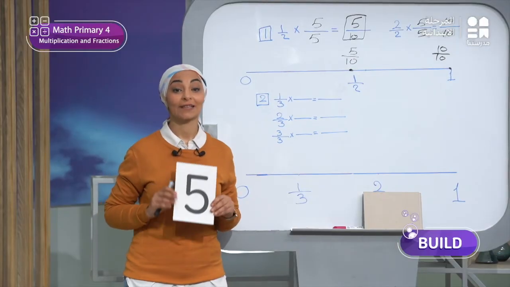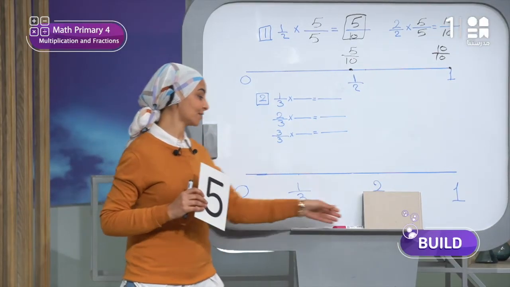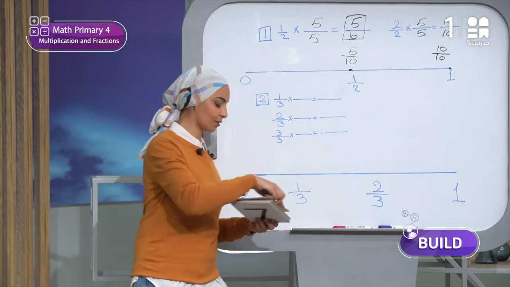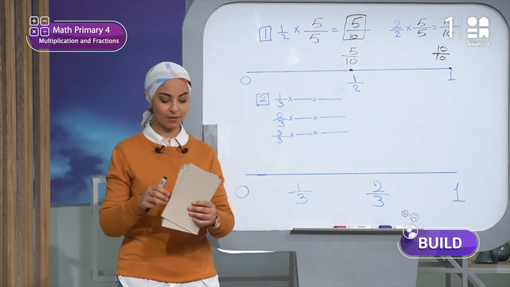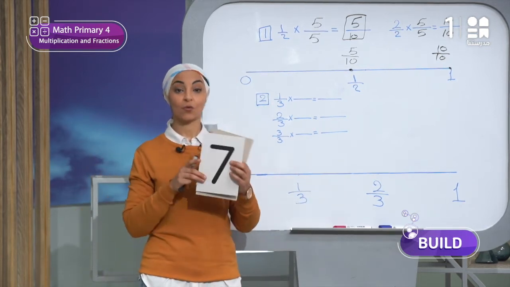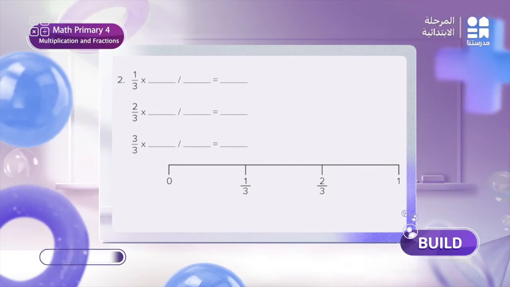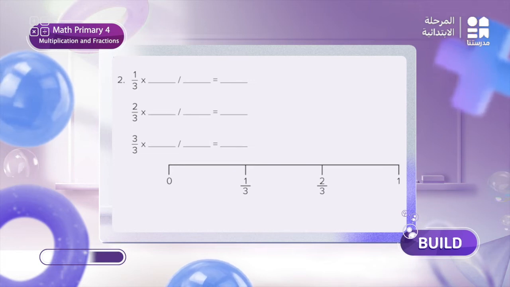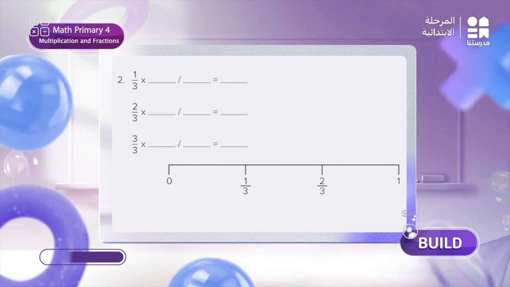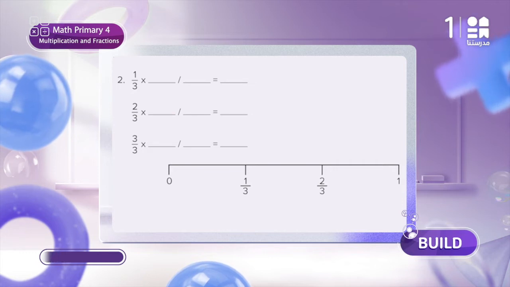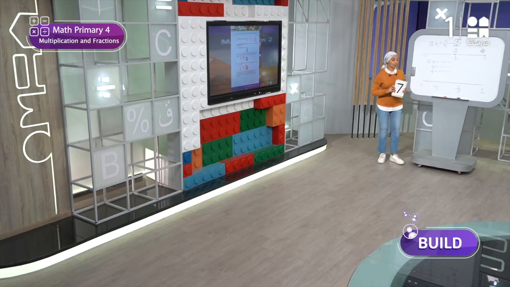And now let's choose another card and I will choose this one. So it is 7, number 7. Okay.